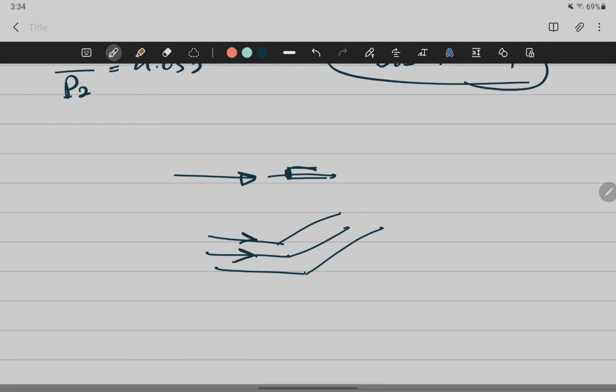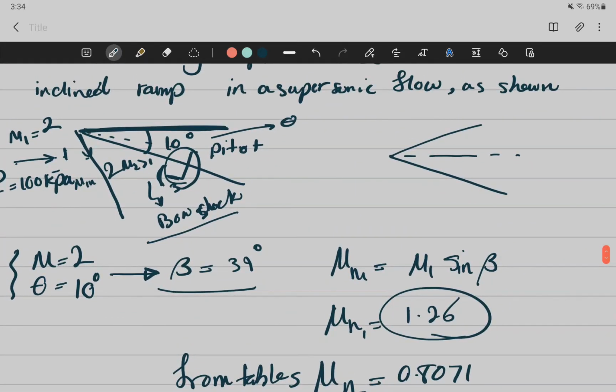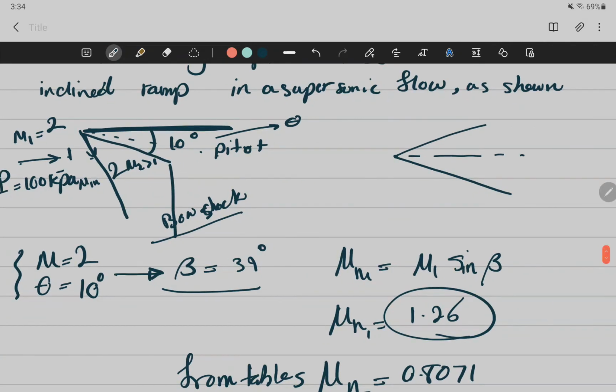This is a huge obstacle, so you're going to have a detached bow shock. If instead of this pitot tube, our geometry was like this, then we would have had another oblique shock wave, right? Does this make sense?